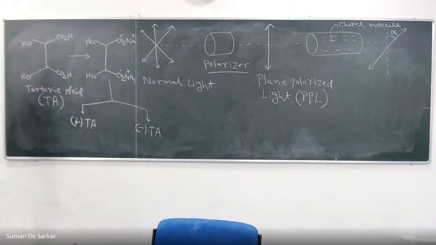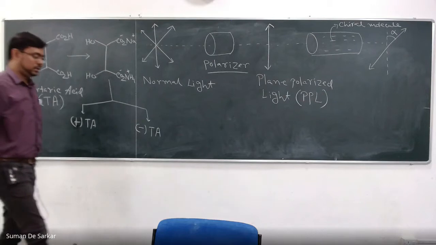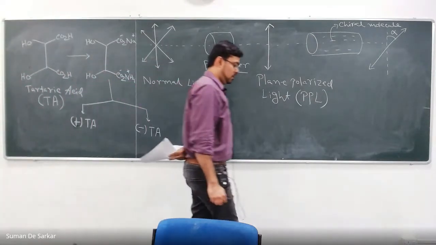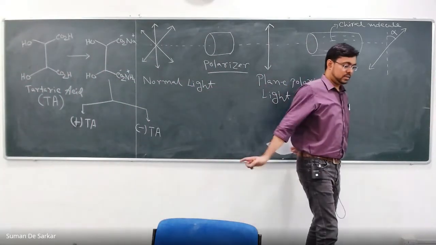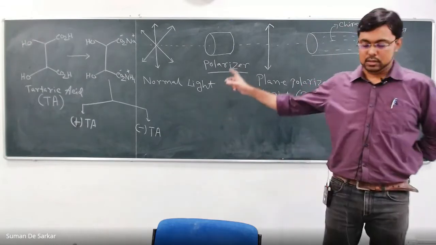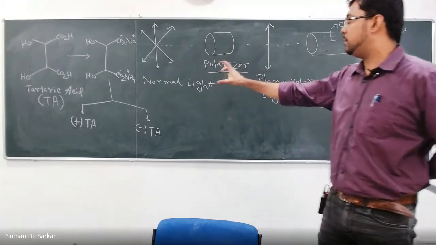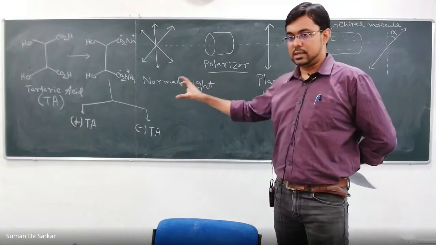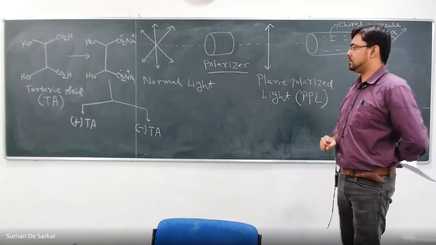Okay, this plus minus thing I will come to in a minute. What is this plus minus thing? So from a mixture of this tartaric acid, he made this salt, sodium ammonium salt, and could manage two fractions. One is plus tartaric acid, one is minus tartaric acid.